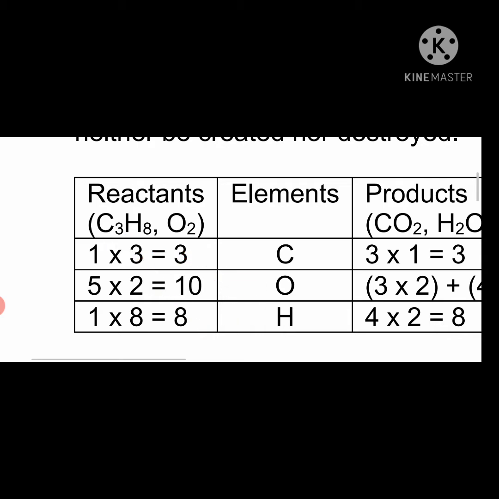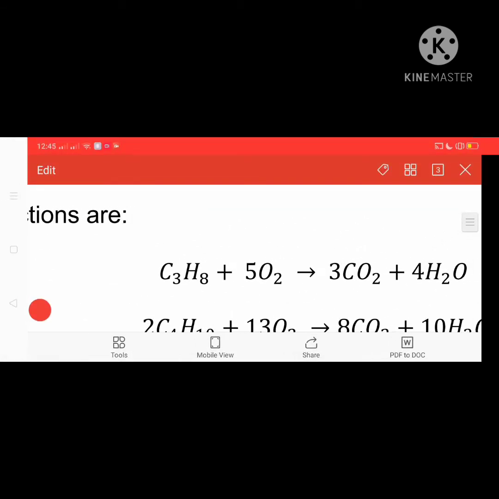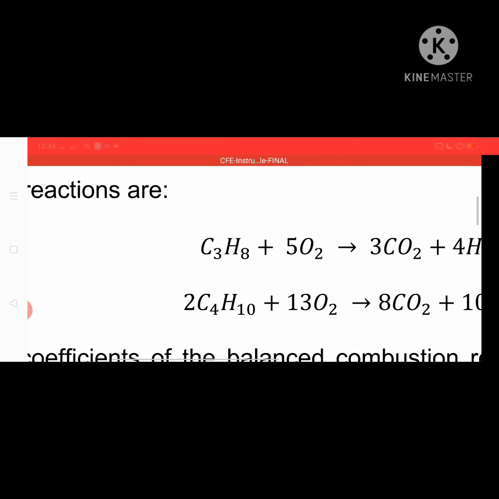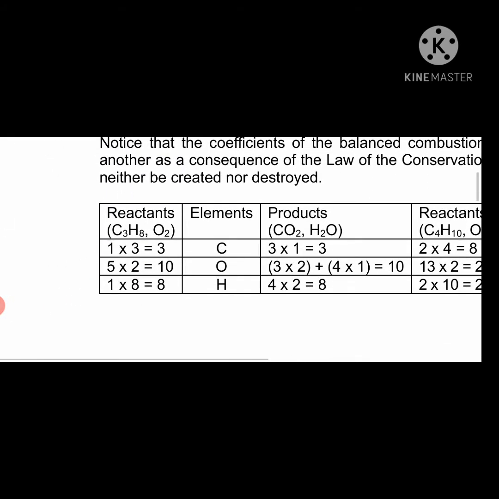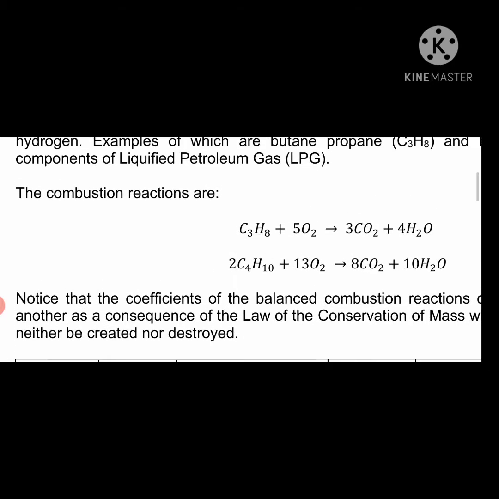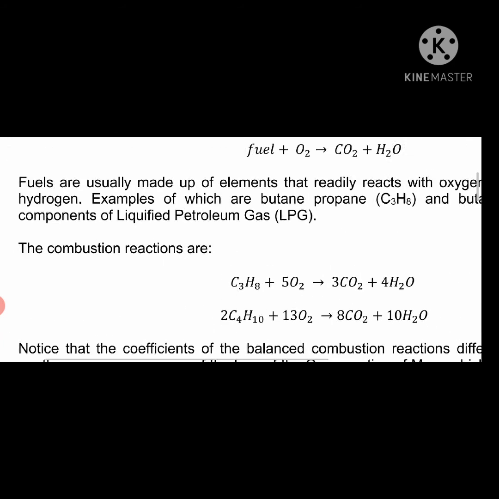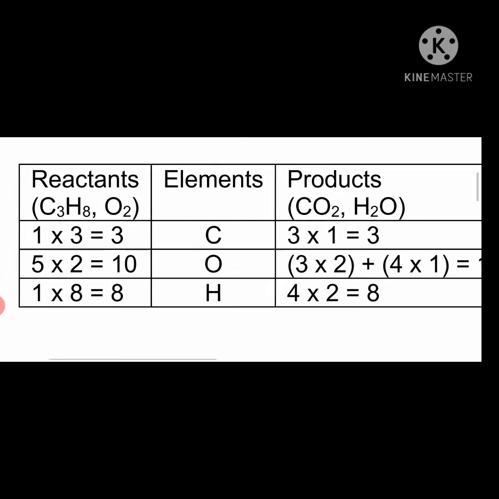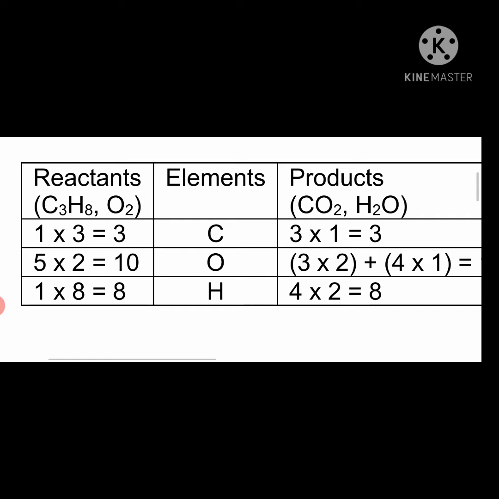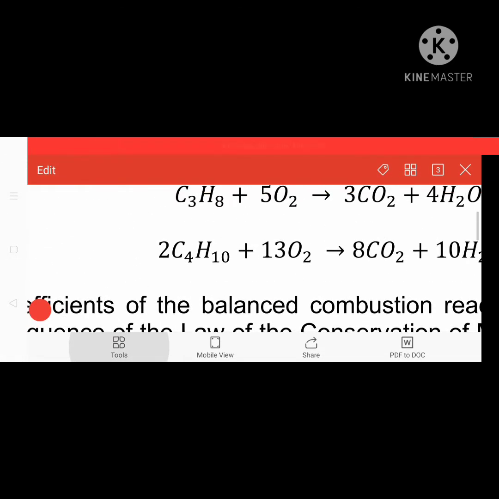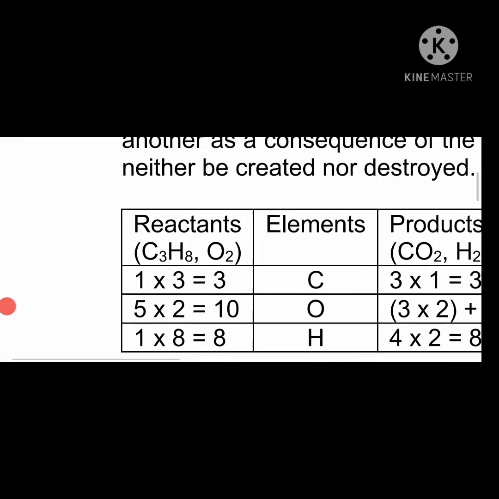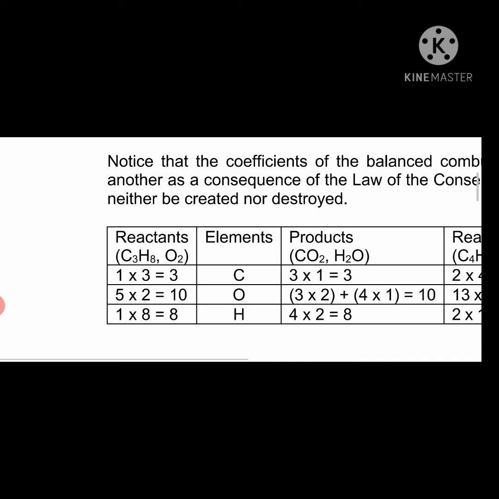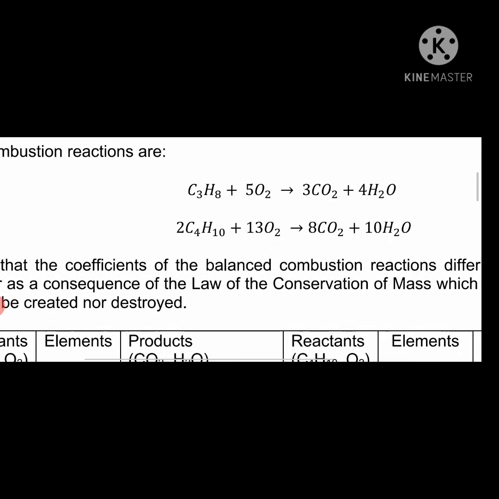You only have 1 propane, C3H8, and then 5 O2. So 1 times 3 comes from the C3, oxygen is 5 times 2 because we have 5 O2, and hydrogen is 1 times 8 because it's C3H8.